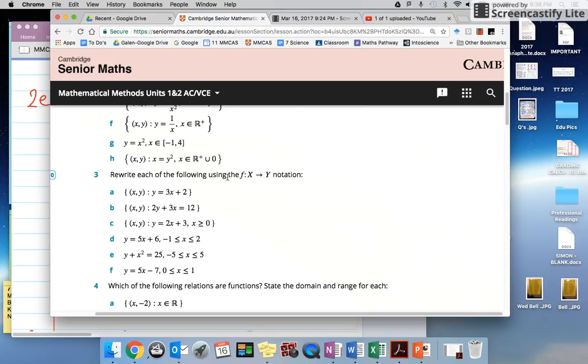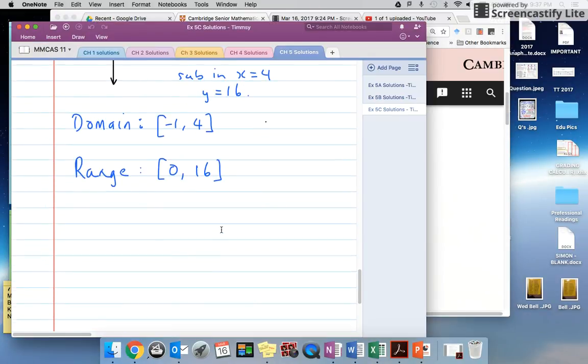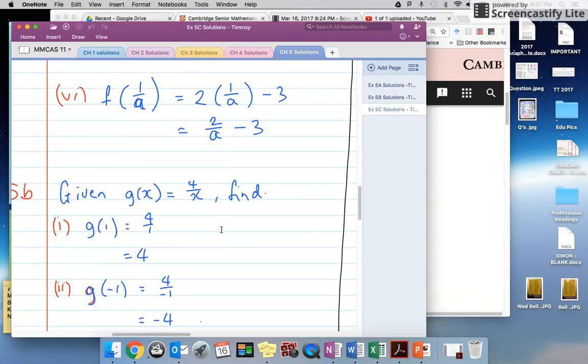So rewrite each of the following in what we call function notation. So in the past, we've used y. So now we're getting, I guess, more sophisticated maths, and we're turning this y into what we call f of x. So if I jump across to, where are we?